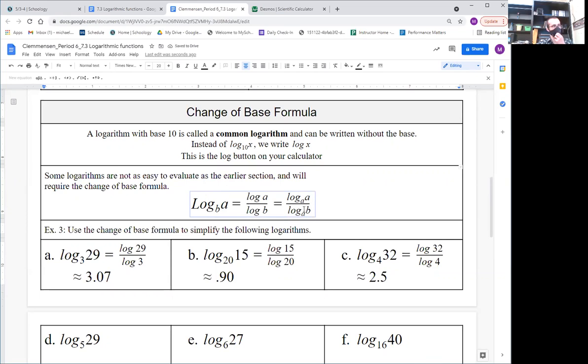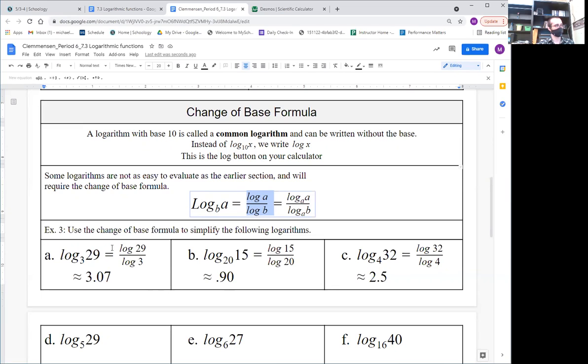As long as the two bases are the same, I can choose whatever I want, which is nice for us. Now, this is pretty easy to see: log base A over log base B. We specifically use base 10 because that's what our calculator can use. That's what we can plug into our calculator and simplify.